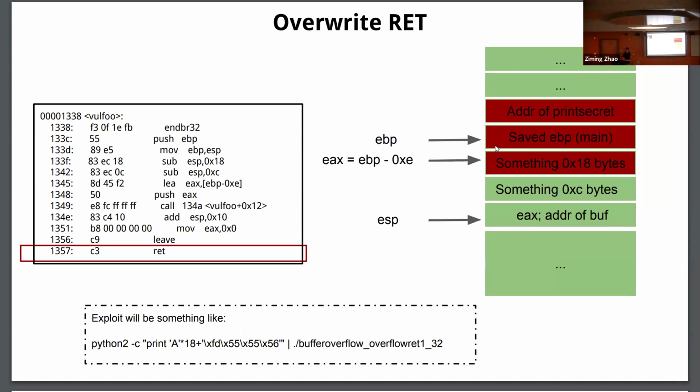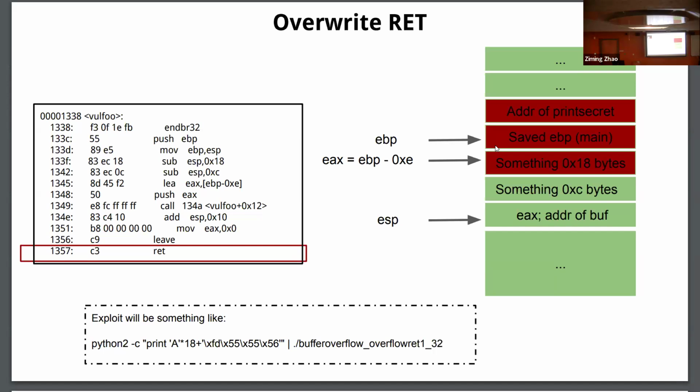So the vulnerability here is, I think, straightforward. Now, we can start writing at the address EBP minus 0xE, because that's where the buffer is. That's where we're going to put data.